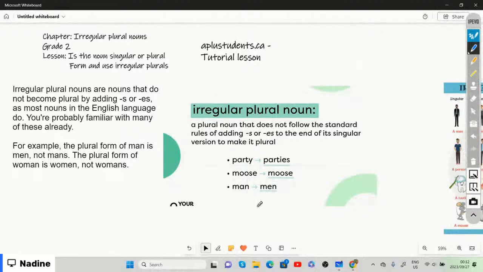One man, more than one men. There we have that shows singular and that shows plural.